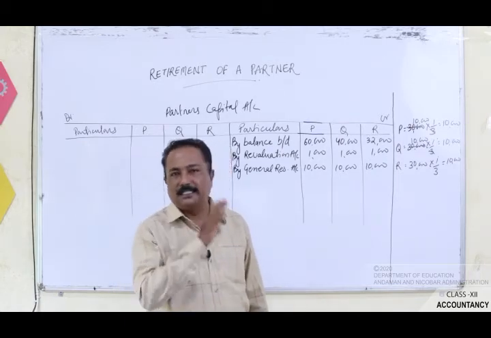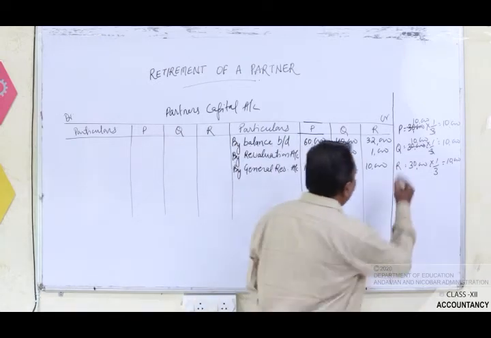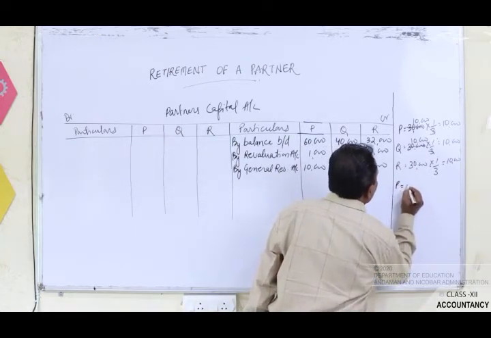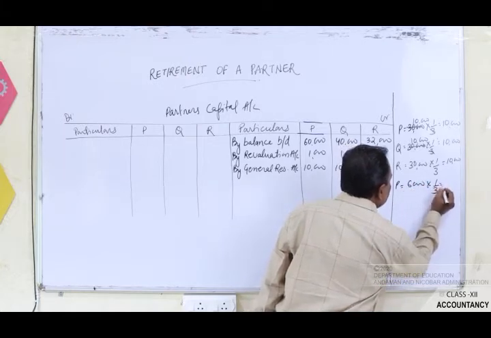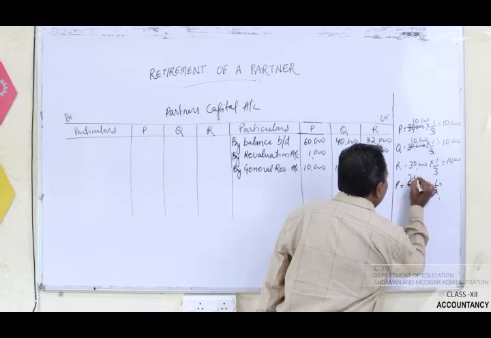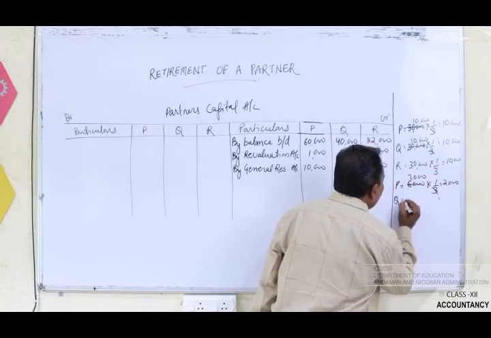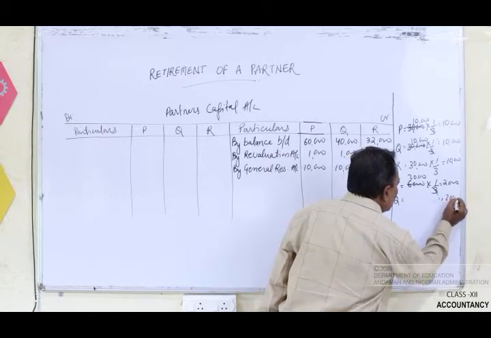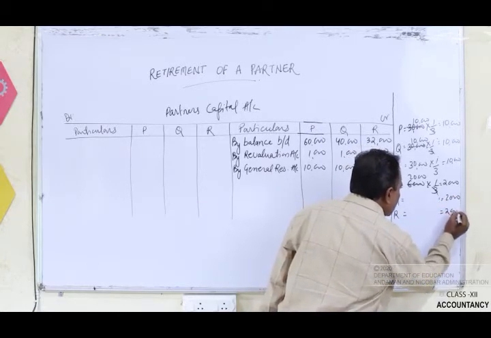It is rupees 6,000. This amount of rupees 6,000 will be distributed equally among all the three partners. So, P will get out of rupees 6,000, rupees 2,000. So, it means that Q will also get rupees 2,000 and R will also get rupees 2,000.